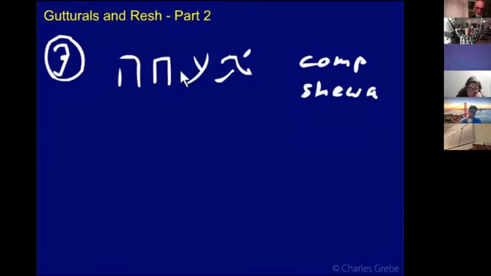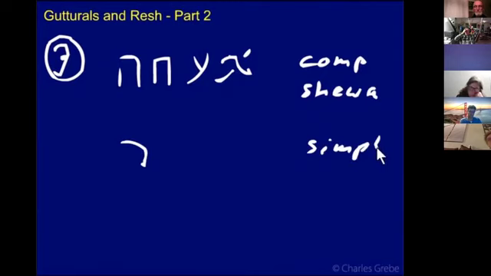So if you have a word, you have one of these there, and you expect to see a simple shava, just put a compound shava in instead. Now, which one? Well, that depends, but it won't be a simple shava. Resh, on the other hand, this is where Resh is a little different than the gutturals. It can take a simple Shava.